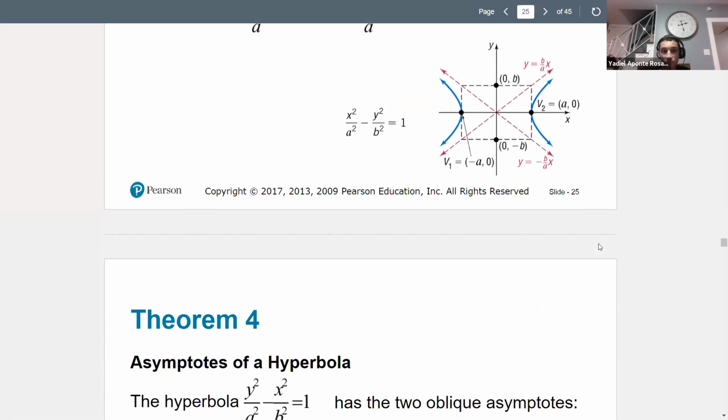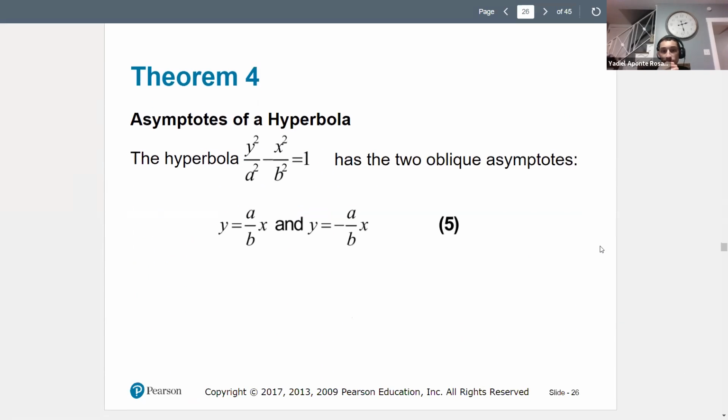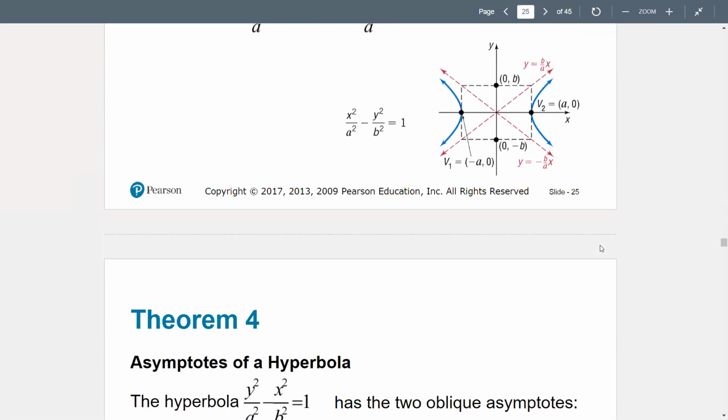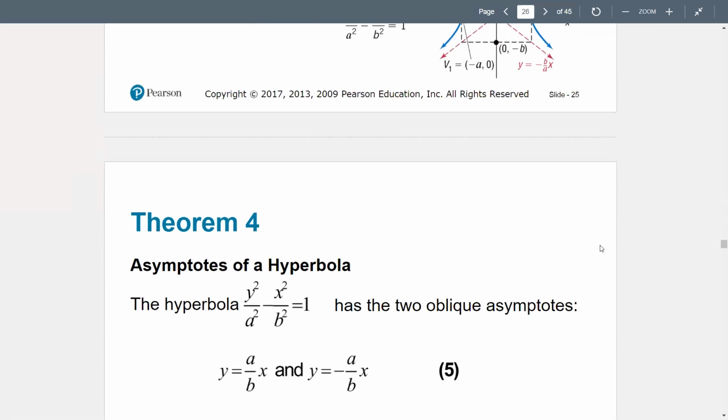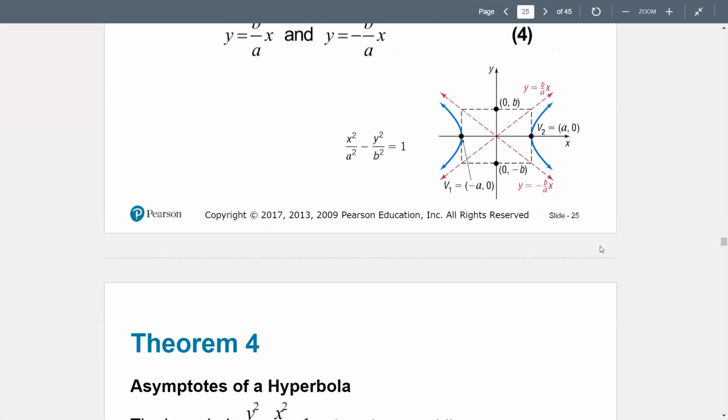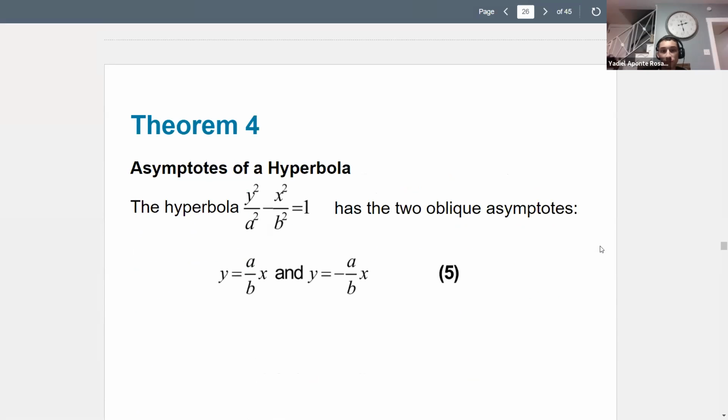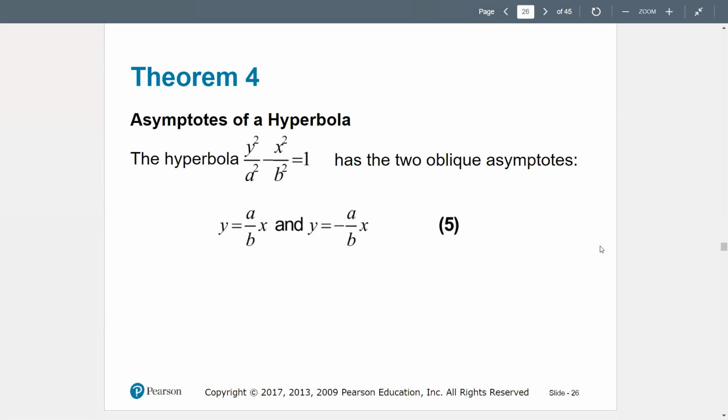I'm not really sure if they show you. What was the difference between here and here? They've flip-flopped the positioning of the a and the b. Still basically the same statement.